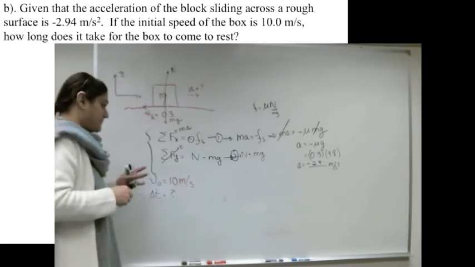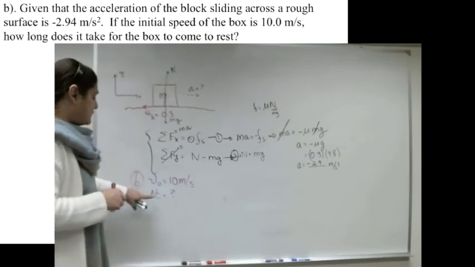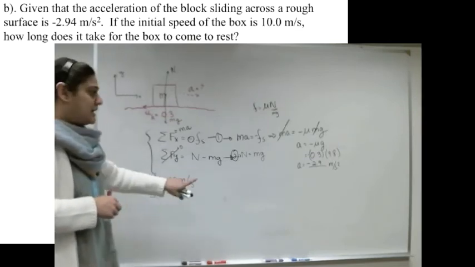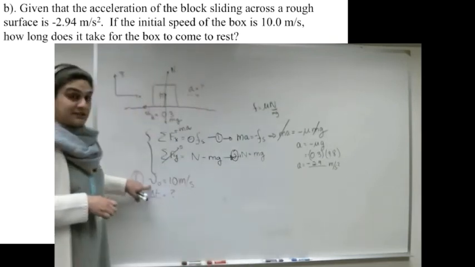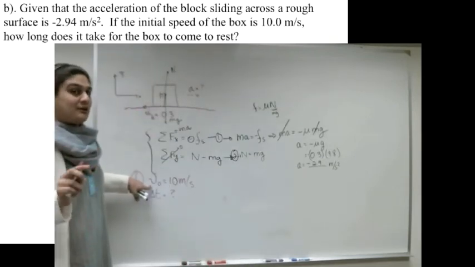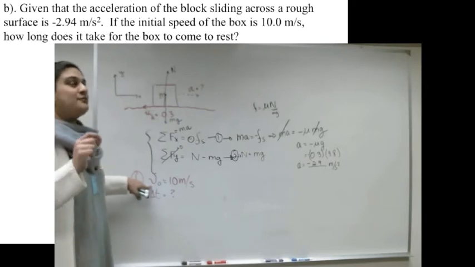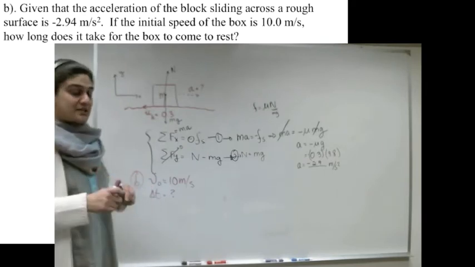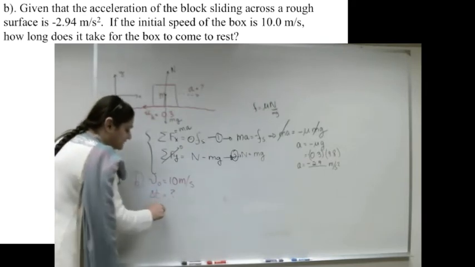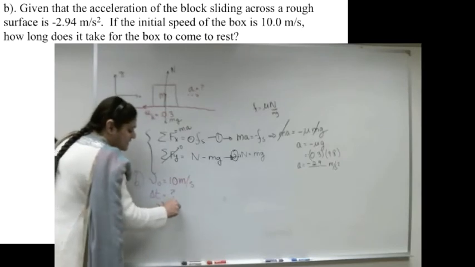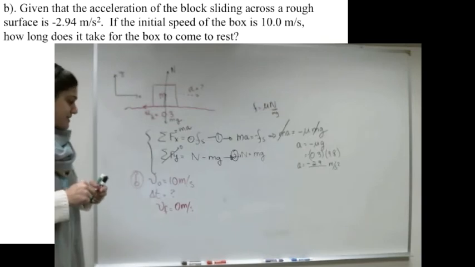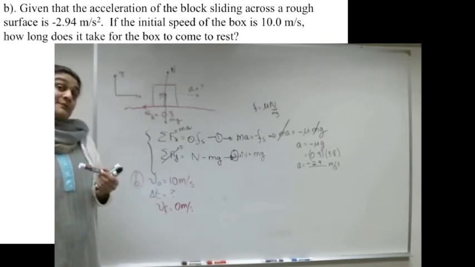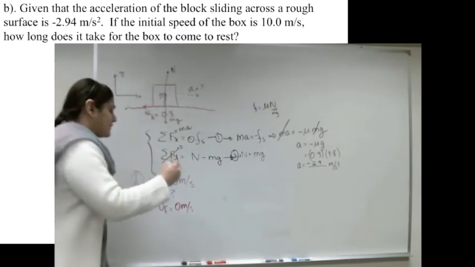I want to find delta t. I have an acceleration. I have an initial velocity. Also, note the words very carefully. It's saying for the box to come to rest. So that means my final velocity has to be 0. Yes, absolutely, because it has to come to rest.